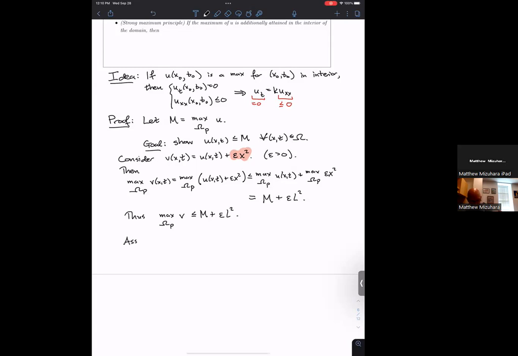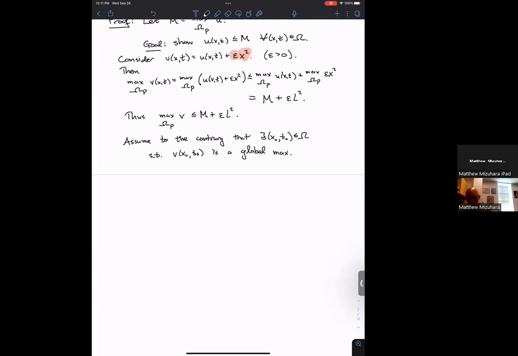Let's assume to the contrary that there exists some point x naught, t naught somewhere in my domain, not just the parabolic boundary, but anywhere in the domain, such that V of x naught, t naught is a global max, and actually it's bigger than this M plus epsilon L squared. So I'm assuming that I can beat this maximum somewhere in the domain.